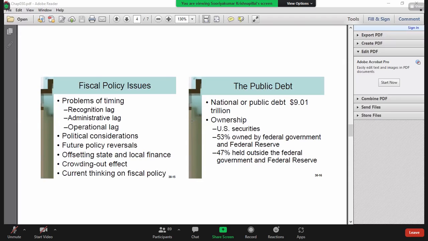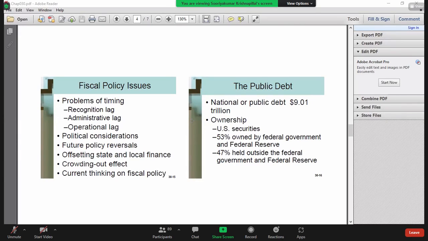If the interest rate increases, what will happen? Private investment decreases. So when the government increases its expenditure, there is a negative effect on private investment. That is what we call the crowding out effect. So aggregate expenditure, total spending, in the economy will not increase as we expect.